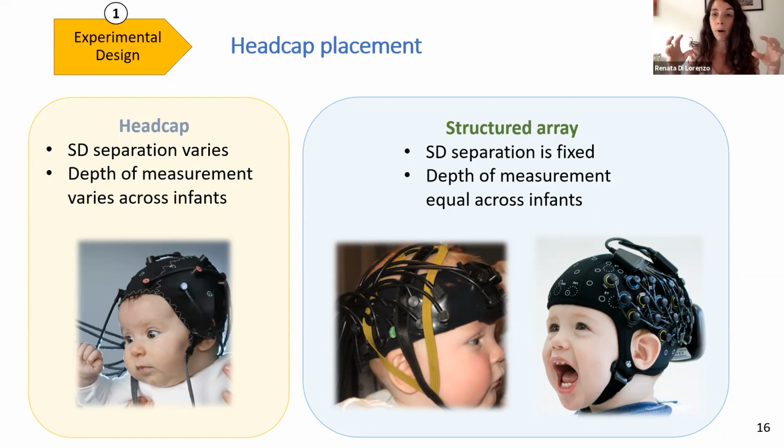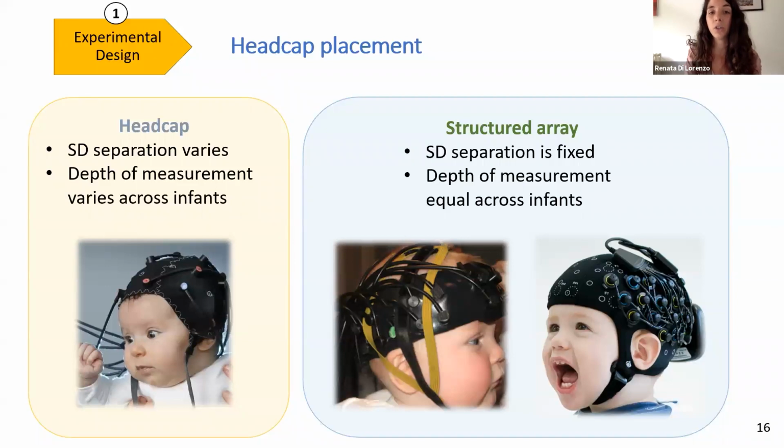The farther apart these sensors or optodes are, the deeper in the brain you are measuring. In this case, the head caps will increase in size due to head circumference, so it won't be stable for all the babies you're measuring. That means that the depth of measurement will vary across infants as well. So it's something that you need to consider before you start designing your experiment.